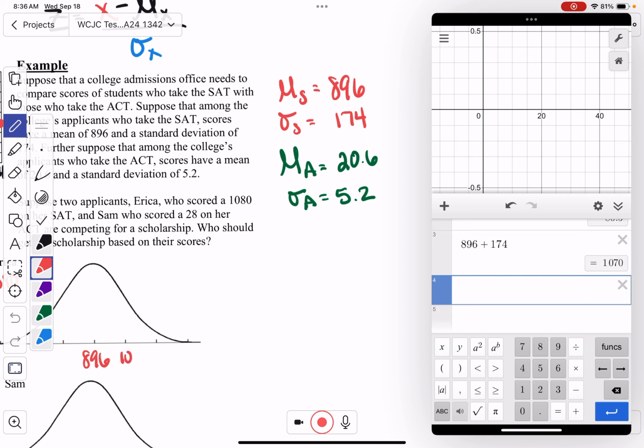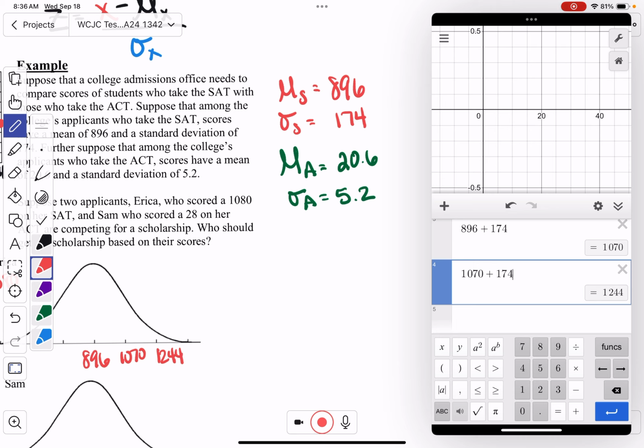So this is 1070 plus 174 again, and I get 1244. That means that Erica's score is somewhere right here. This is her 1080.